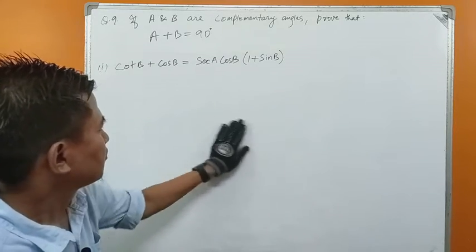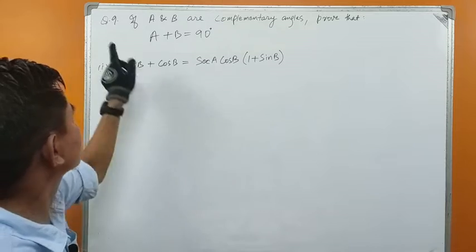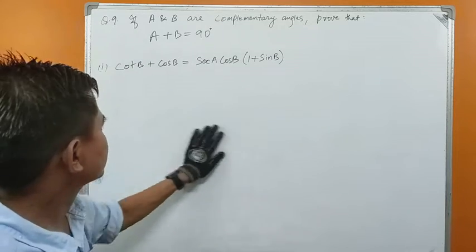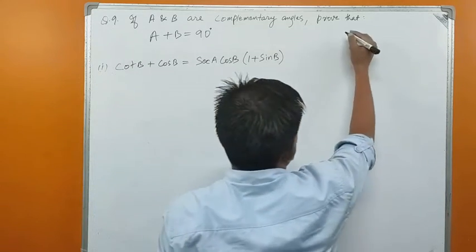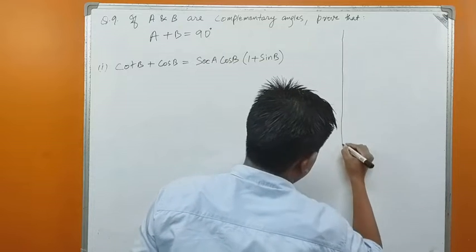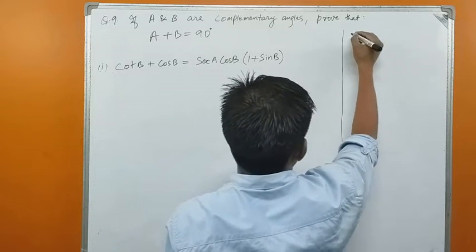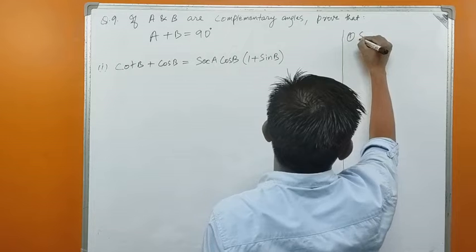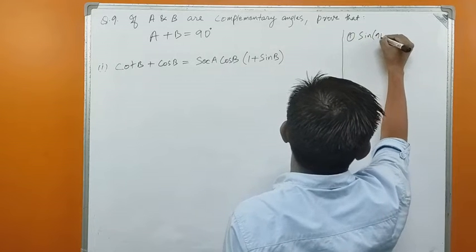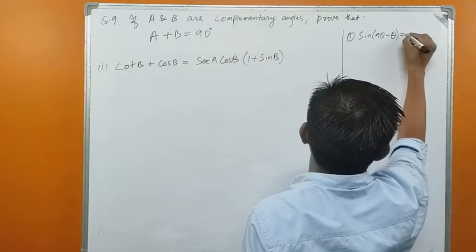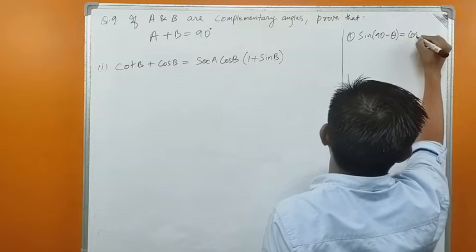Now, before we solve the questions from question number 9, let us rewrite the formulas that we may need while solving the questions. Okay, so we know that number 1, sin(90 minus theta) equals cos theta.